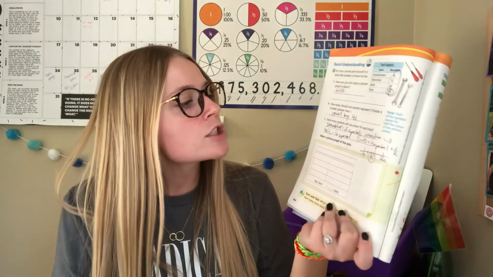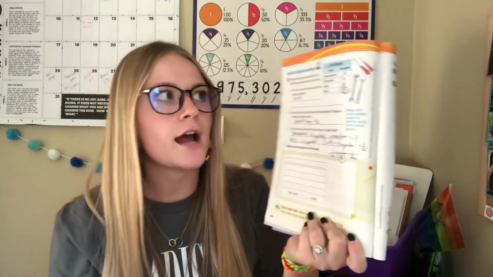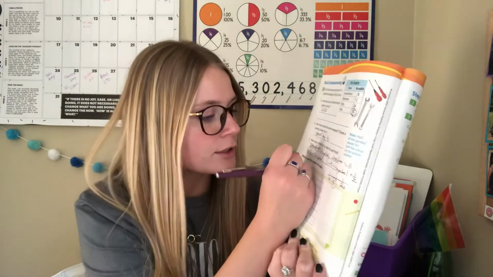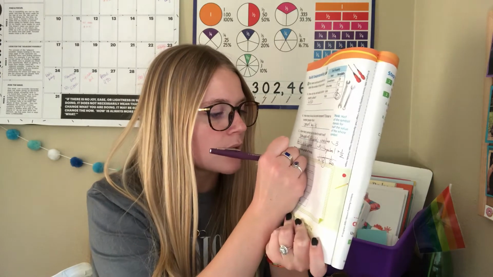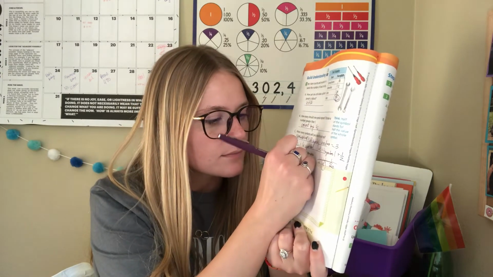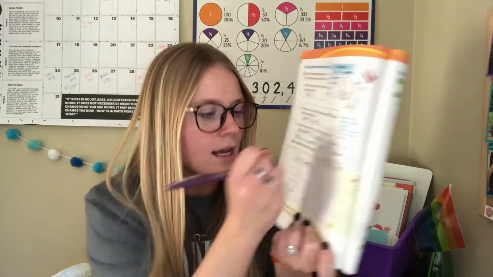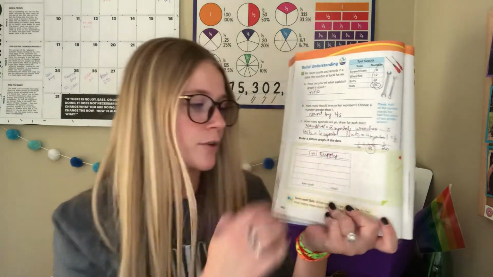So what are we going to call our picture graph? Well, we counted the number of tools, the tool supply, so I'm just going to call it tool supply. And this time the graph is all worked out for me, so that is so nice. I just have to fill it in.